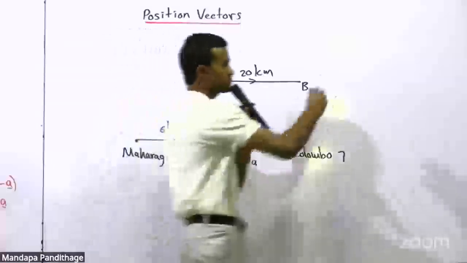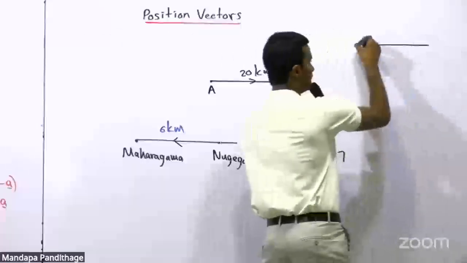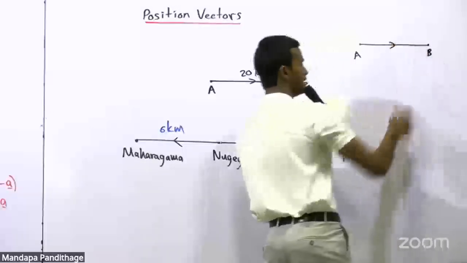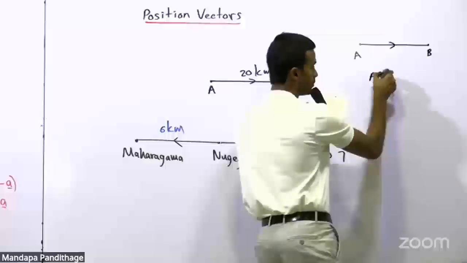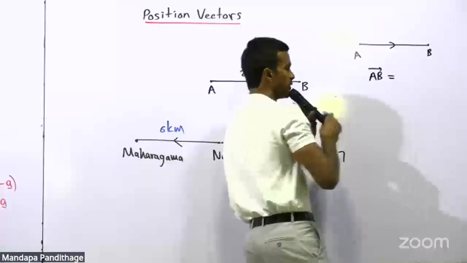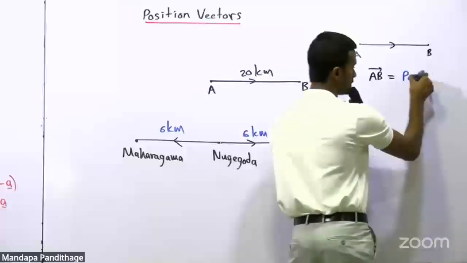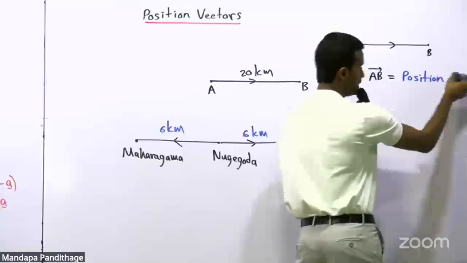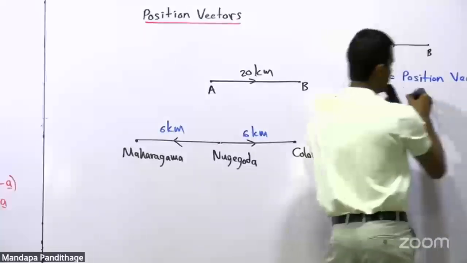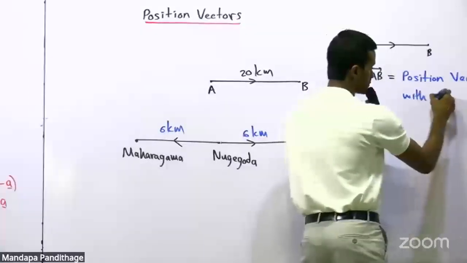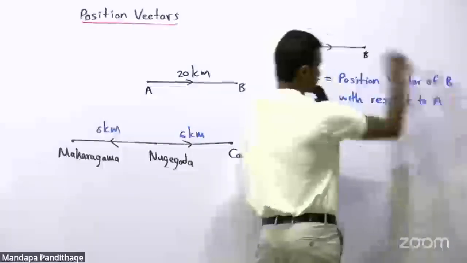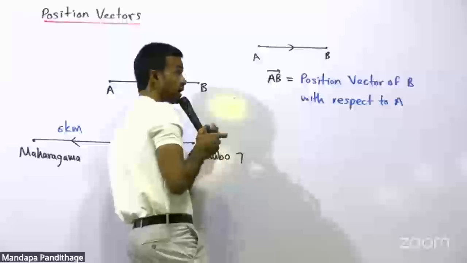So here we have this position vector AB that gives us the idea about the position of B with respect to A. So what is AB? Position vector of B with respect to A. So the position vector is given with respect to A.